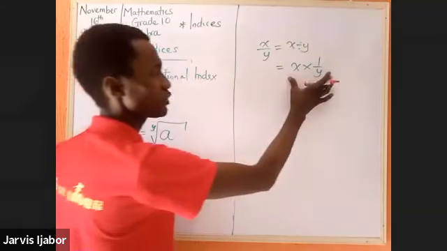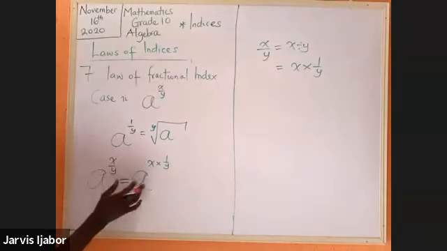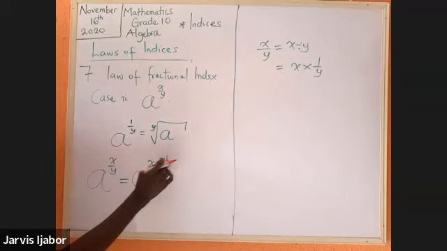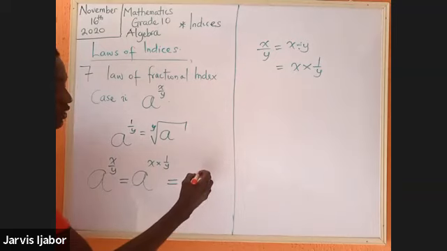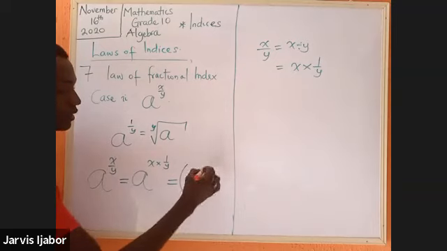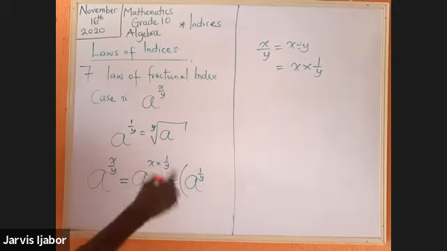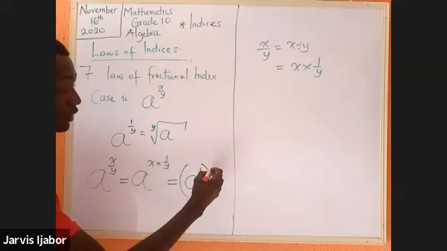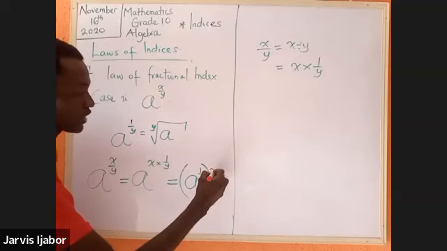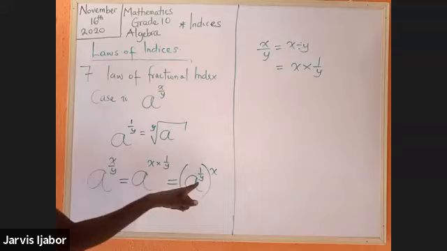Now, this is the idea you need to bring here. So it will be x times 1 over y. This will mean a raised to the power of x, or a raised to the power of 1 over y. We treat roots before we treat power, or before we treat the numerator. So that will be raised to the power of x. Remember that there's a rule we have done before.